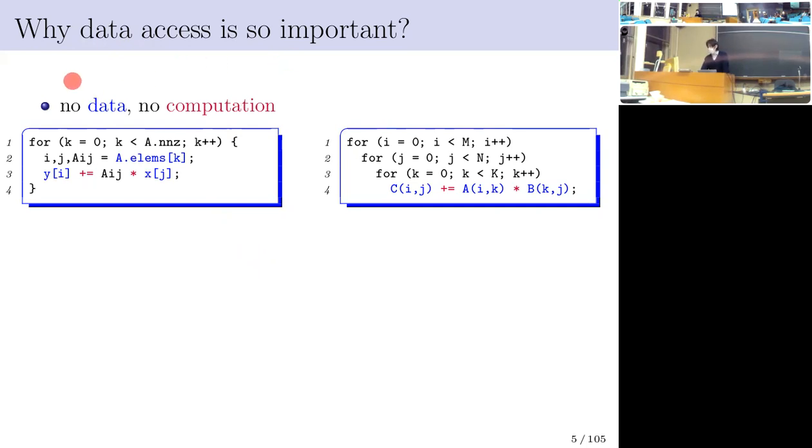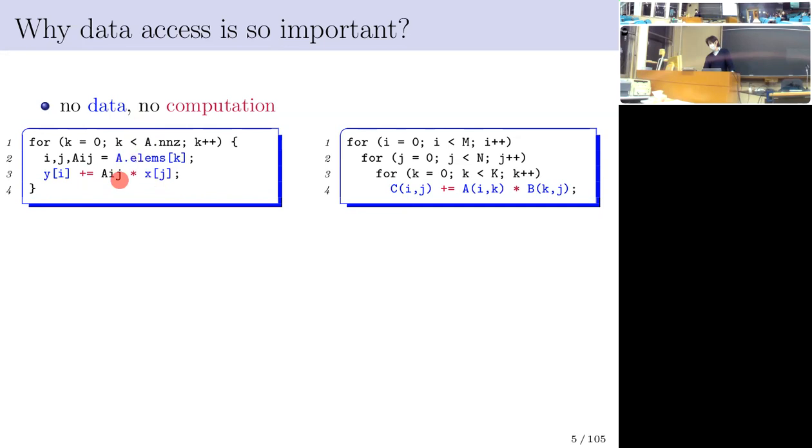First of all, it's very obvious that if you do not have any data, you don't have to compute. No data, no computation. Of course, you can think of a program that generates data by itself from a small number of configuration parameters. But basically, the data comes from somewhere else. So in a broad sense, you always process data when you do some computation.